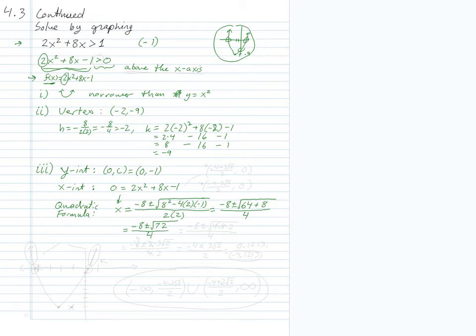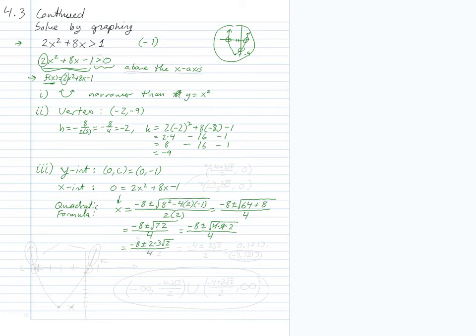Now 72 can be written as 4 times 9 times 2, all over 4. So what I notice is we can pull the 4 outside as a 2, and we can pull the 9 outside as a 3, and be left with the square root of 2, all over 4.